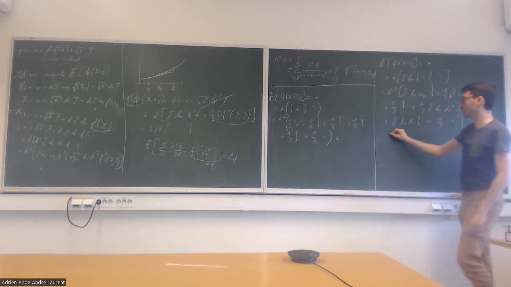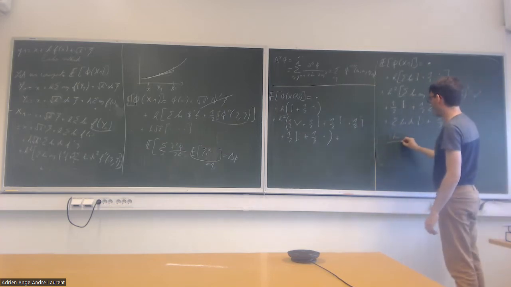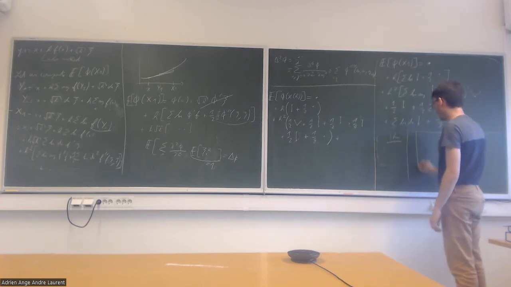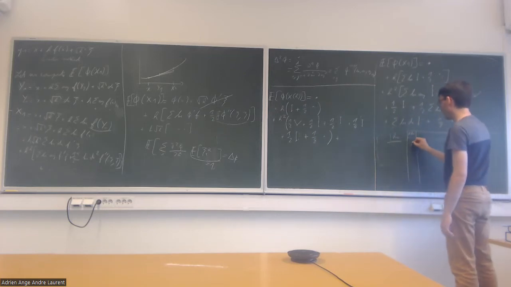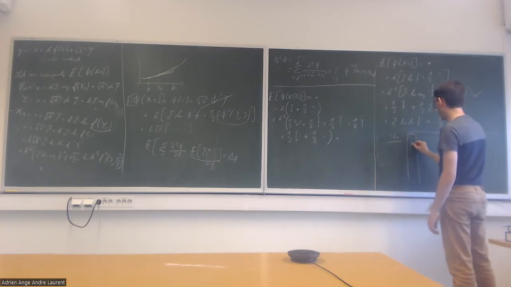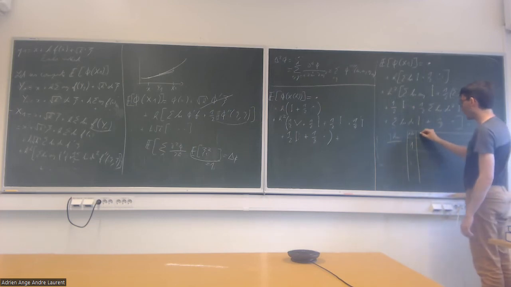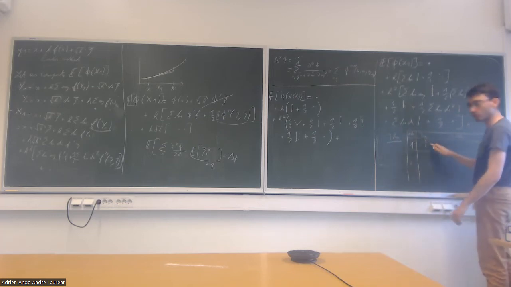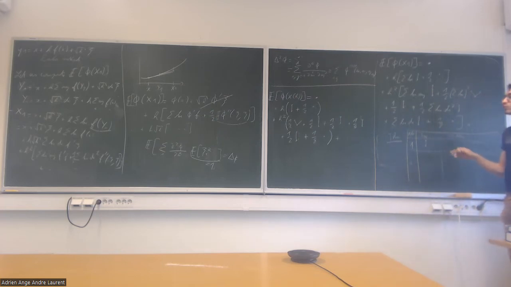So we'll just write this here. What we do in practice is make a table: you have the orders 1 and 2, you have a tree and a condition. And what's amazing is that to each tree there is one condition.